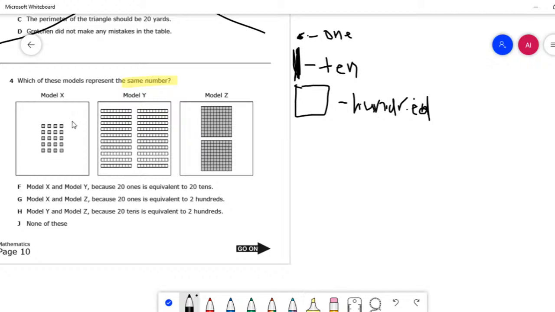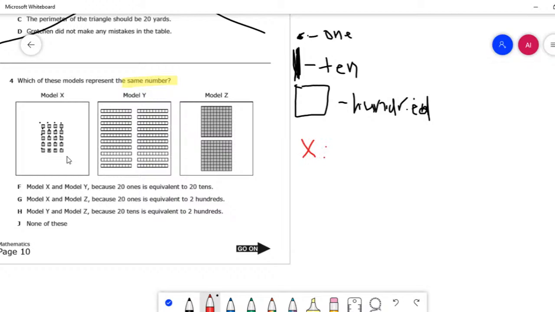So let's count how many units are in model X. So there's 1, 2, 3, 4, 5, 6, 7, 8, 9, 10, 11, 12, 13, 14, 15, 16, 17, 18, 19, and 20. So we have 20 different units here. So let me use different colors for this.